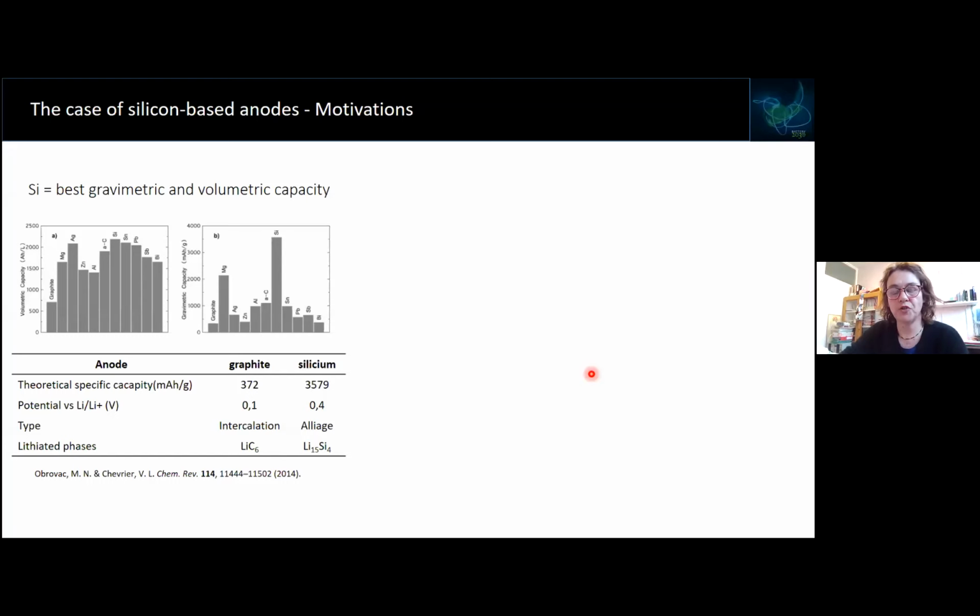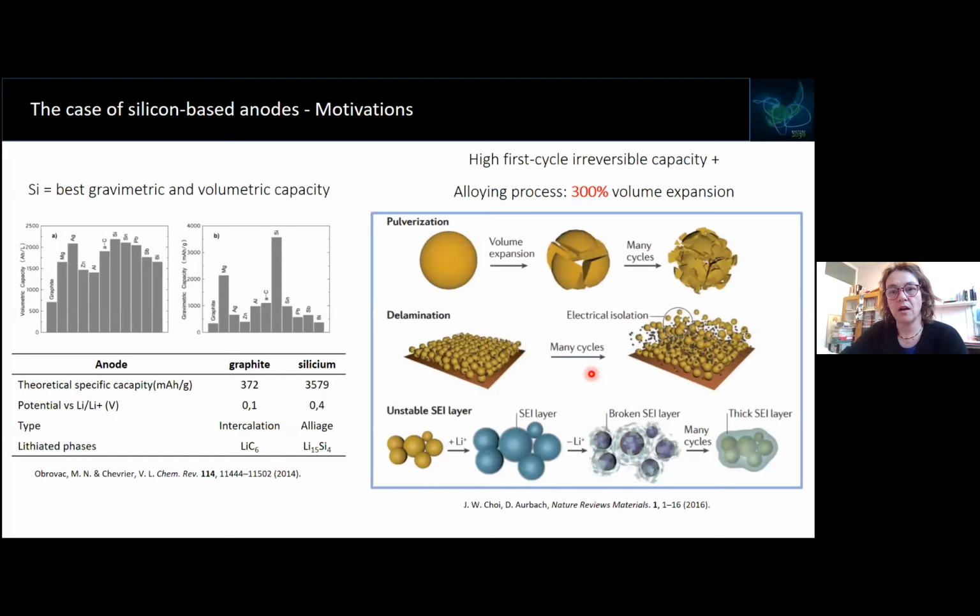However, due to the alloying reaction with lithium, there are huge volume changes of silicon during the cycling of the battery, and therefore pulverization, cracking of the particles, delamination from the current collector, or the continuous creation and cracking of the solid electrolyte interface. And those three mechanisms are major causes for degradation and ultimately failure of the battery.